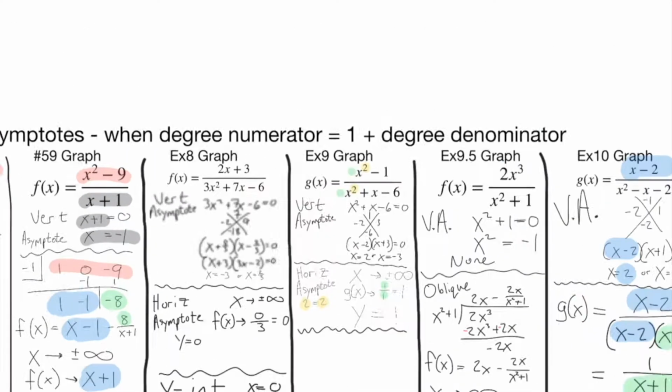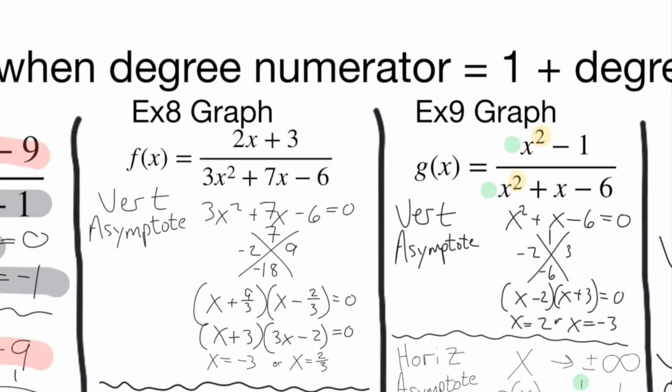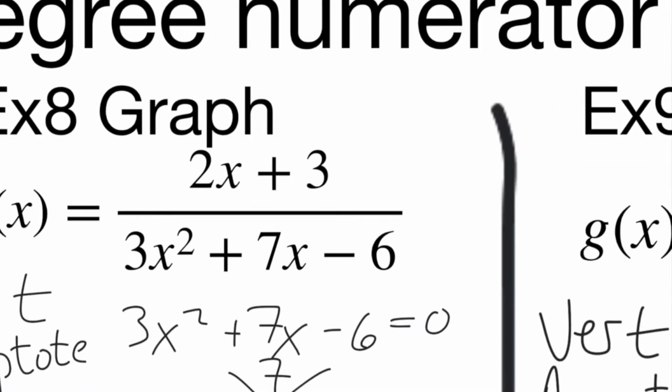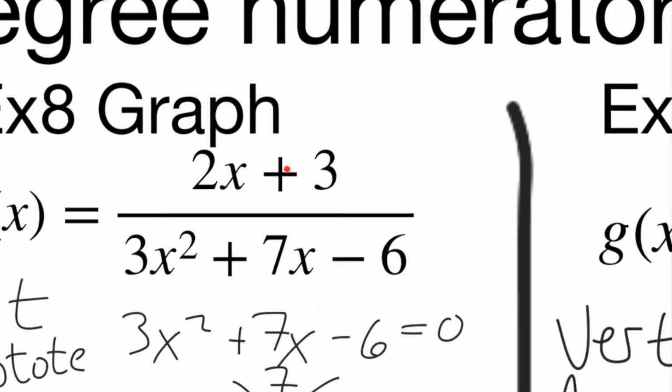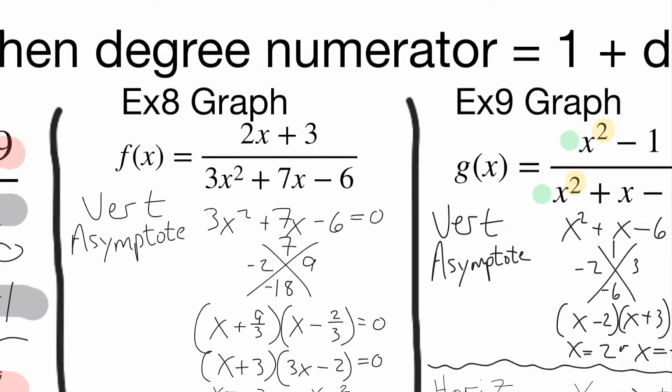I'm going to predict that there are not going to be any oblique asymptotes, because in the original function, the degree of the numerator is not 1 higher than the degree of the denominator. This is 1, and this is 2. And if they were switched, then you might have an oblique asymptote. But we don't.